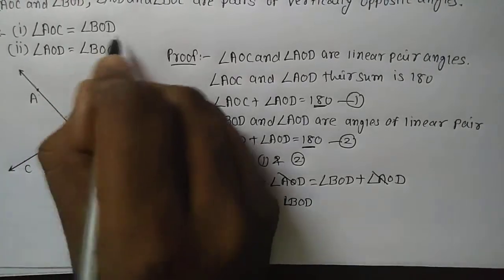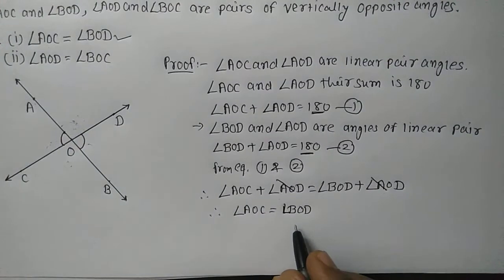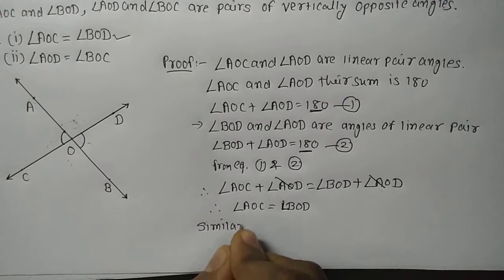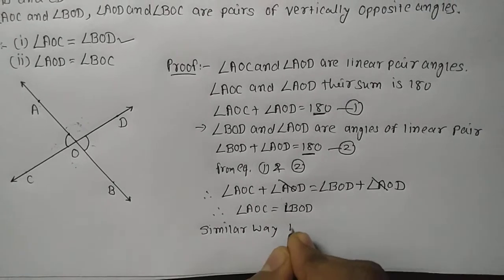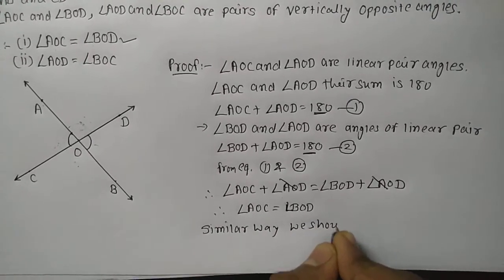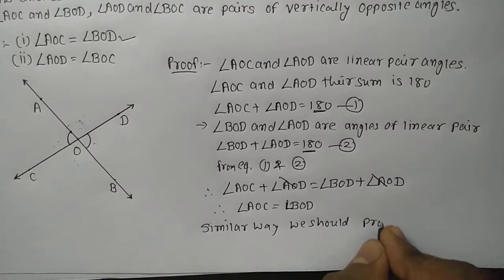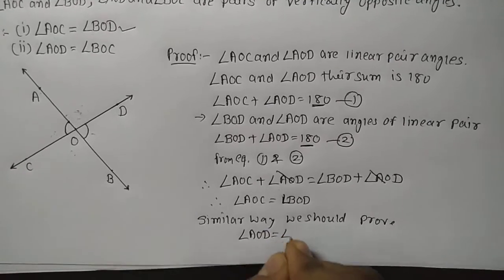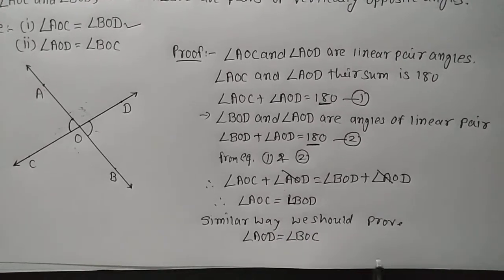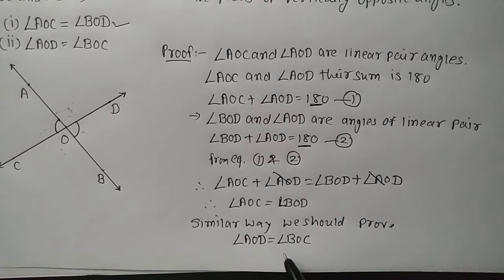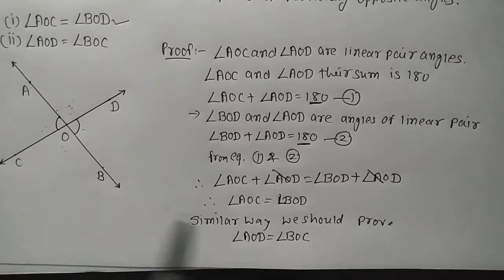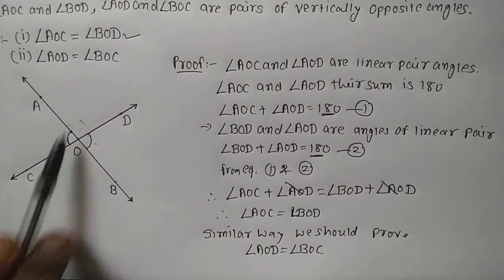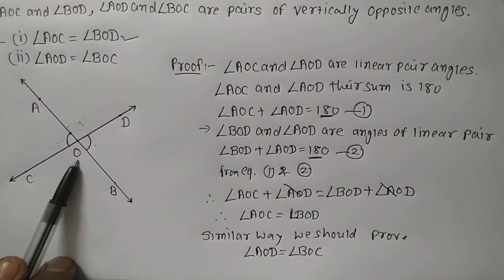You can see this is the one which had to be proved, and in a similar way we should prove the second statement, that is AOD is equal to BOC. How should we prove it? You have to write it like this only. You can see here that AOD, this one, and BOC, these two, are equal, that we need to prove.